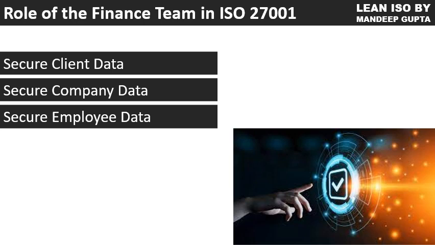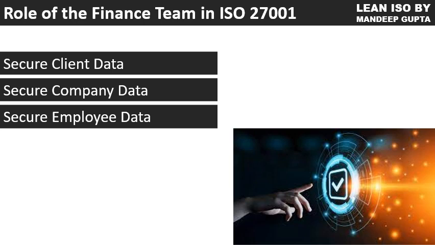Now, securing client data, company data, or employee data, there are a lot of methods. There are a lot of ways to do it. There could be access matrix definition. There could be any kind of security model which we can apply. We use tools.